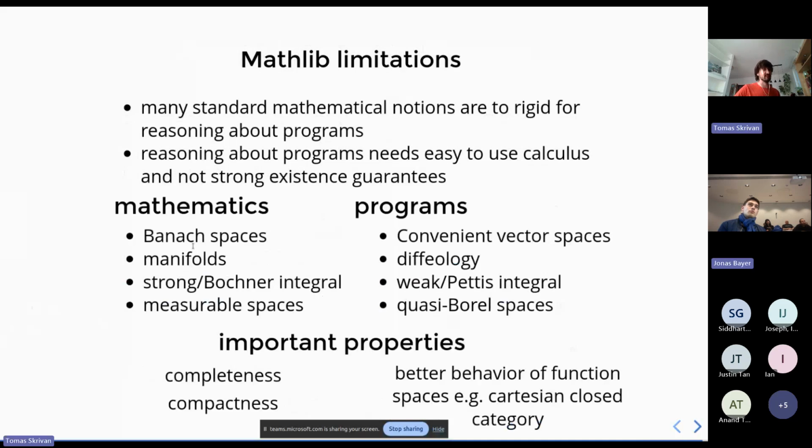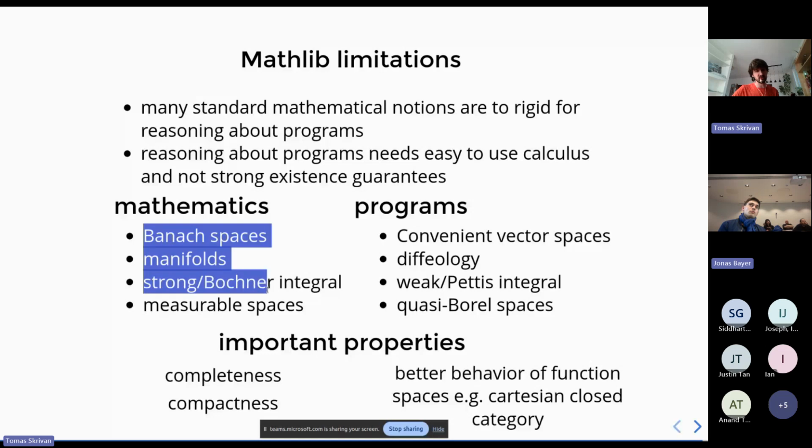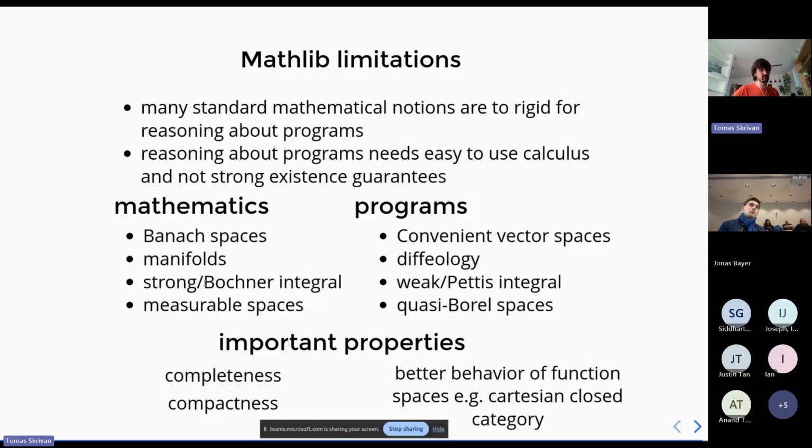In my experience in mathematics, people like to use objects like Banach spaces, manifolds, integrals using a strong version of integral, or measurable spaces. And if you do some kind of program transformation, these things don't have nice properties.